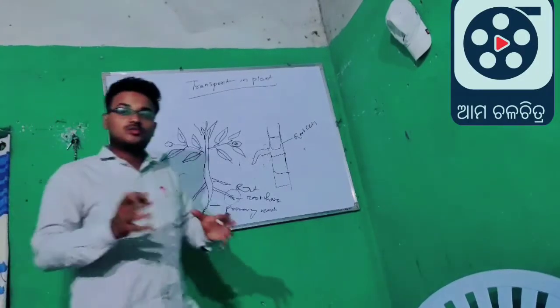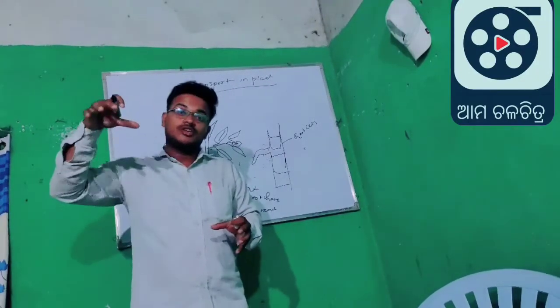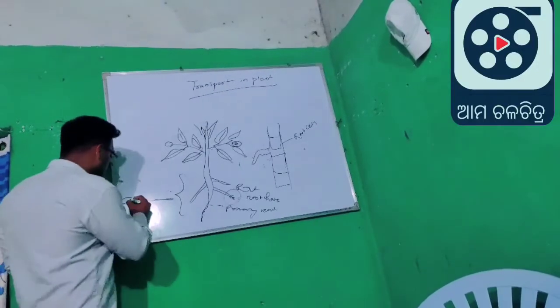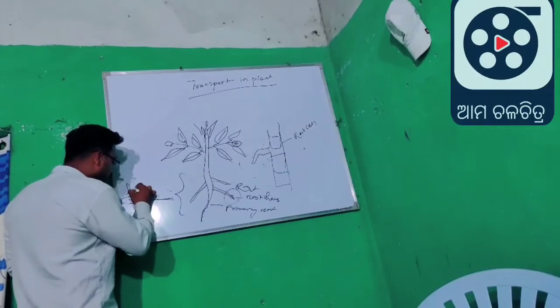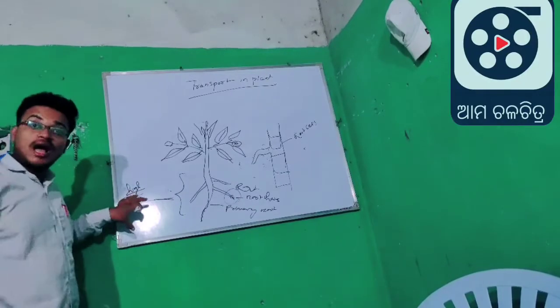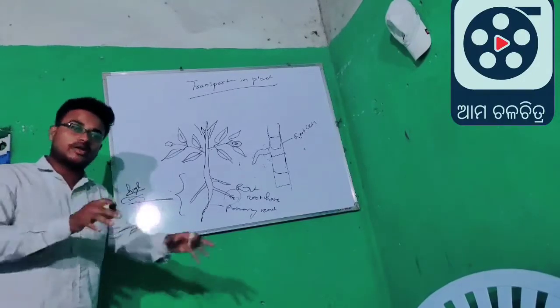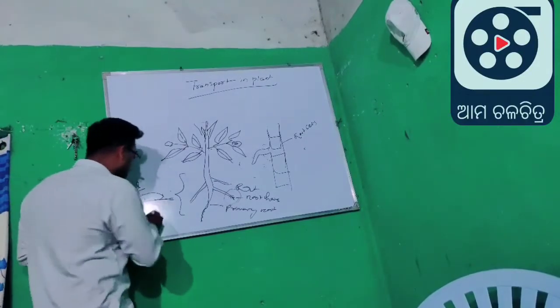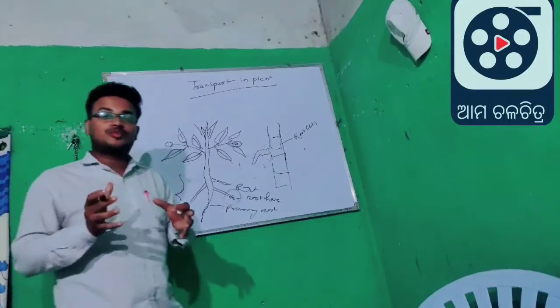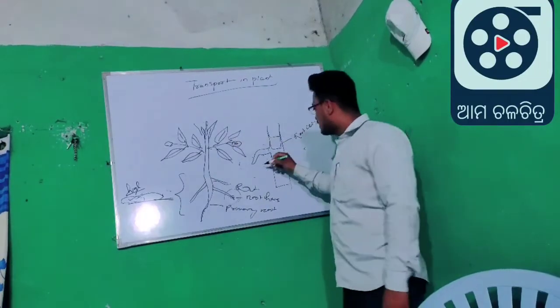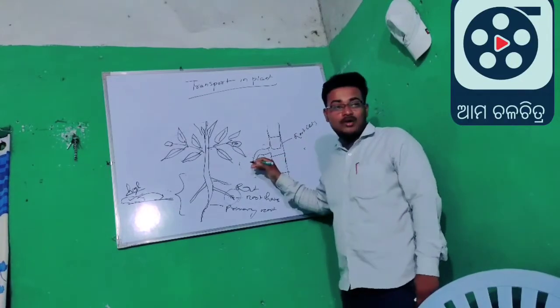You know, water always flows from higher region to lower region. The concentration of water is high, so it will definitely flow to the lower region or lower concentration. So here, this is a root hair part.